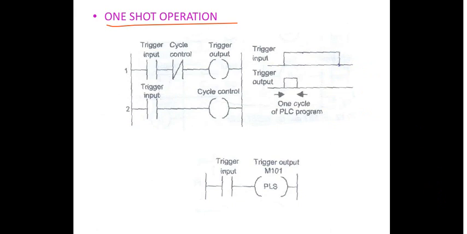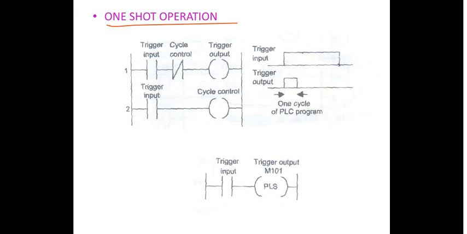Let us try to see what exactly we mean by one cycle, which is also referred to as one scan of the PLC cycle. After one scan is over, your output, or your internal relay, automatically changes its position from whatever the previous position was. So this is the meaning of one shot operation.